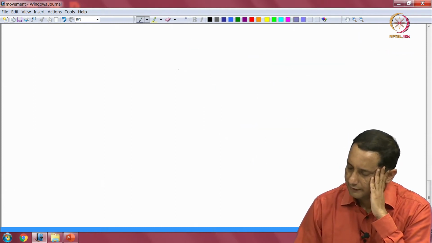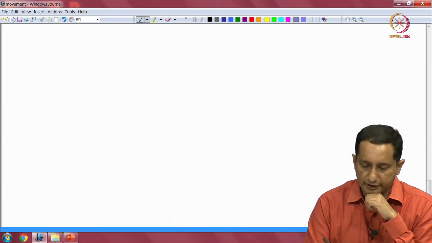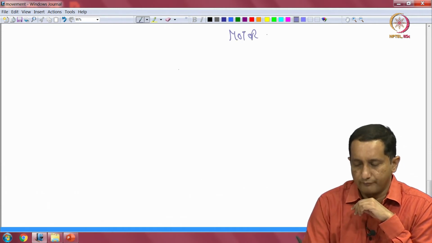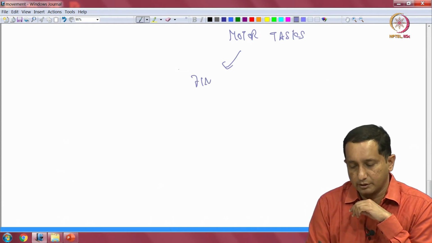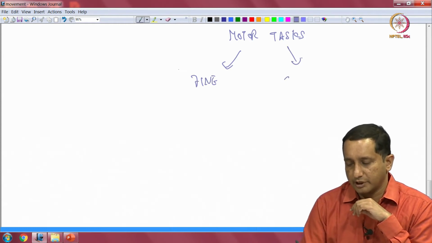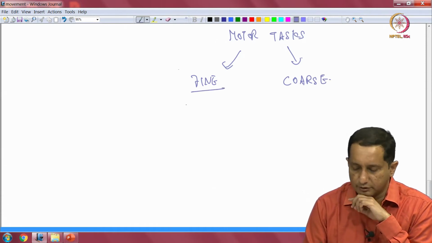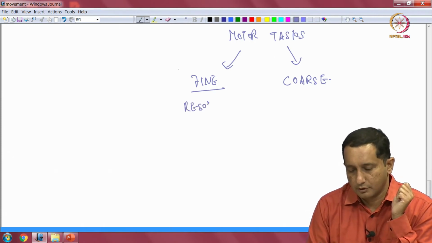So, we have three different kinds of movements we need to think of. Motor tasks can be fine, or they can be coarse. Fine indicates that you need to have a good resolution of motor activity.